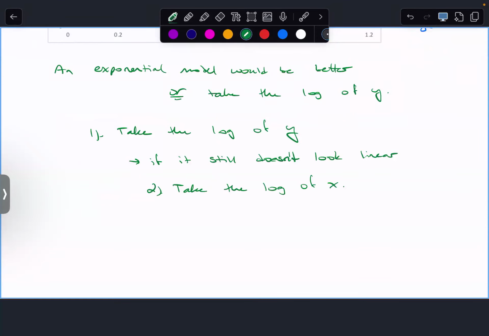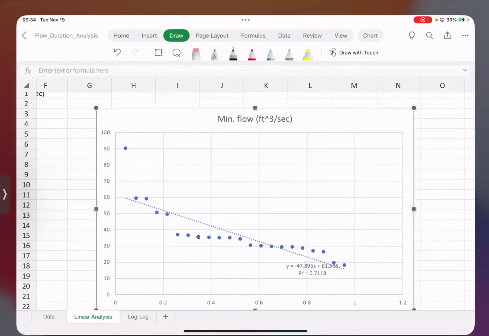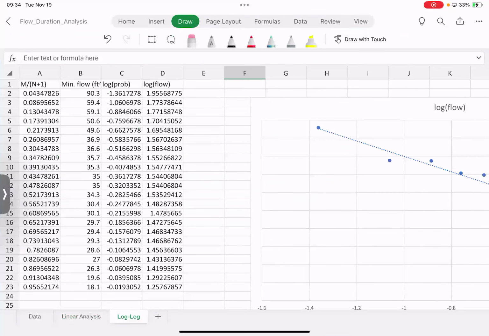I suspect what's going on in fields like water engineering is they know what the relationships look like. And so they just know that they're always going to have to go to a log-log scale, for example. If you know about the underlying relationship, then you just always know what to do. But if you're exploring it, it's not as easy.